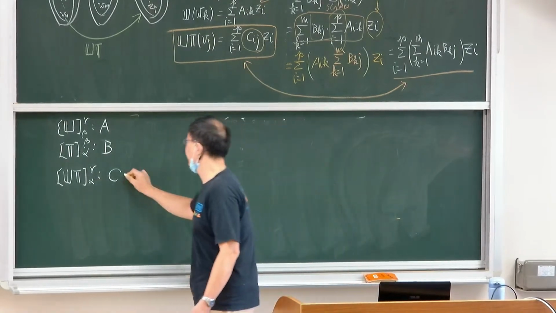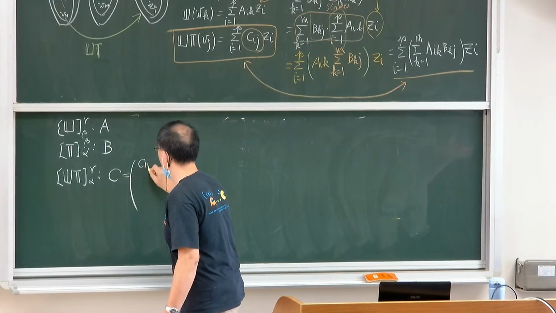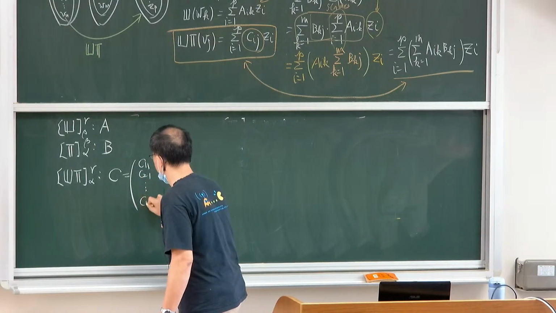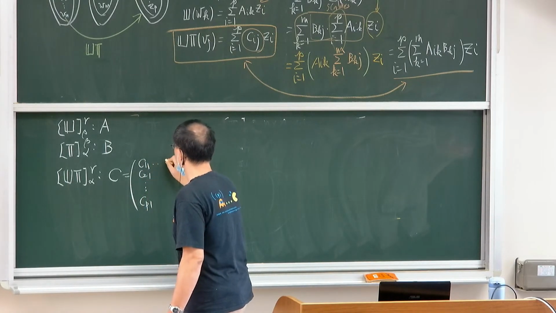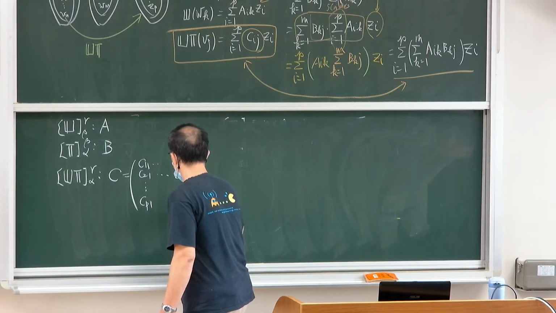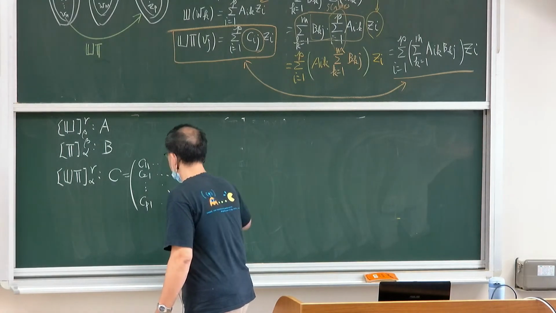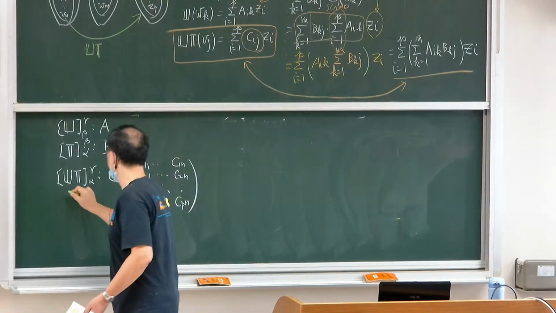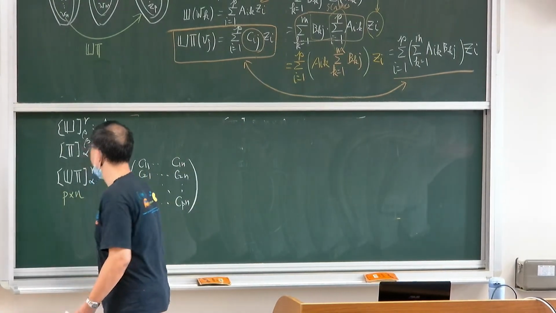So C will have C11, C21 to CP1, and C1n, C2n to CPn. This is a P by N matrix.